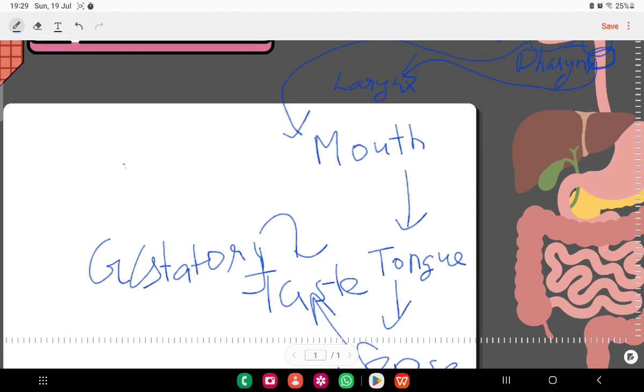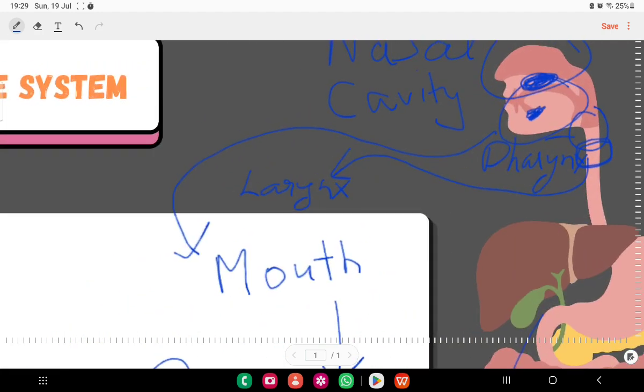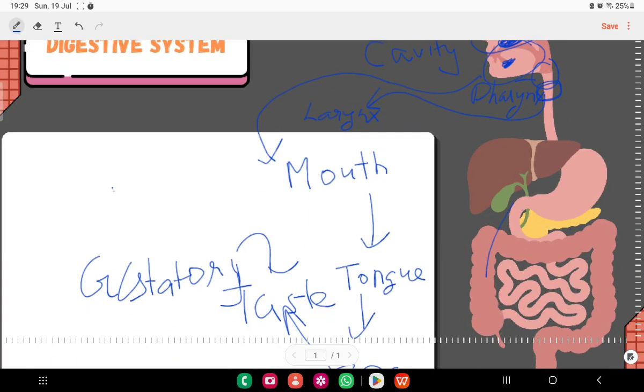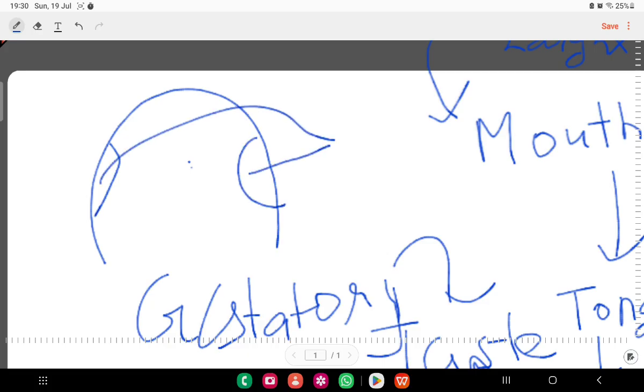The tongue has taste buds. In fact, it is made up of several types of muscles. So the tongue is like this. In the corners or the sides, there will be salty buds.